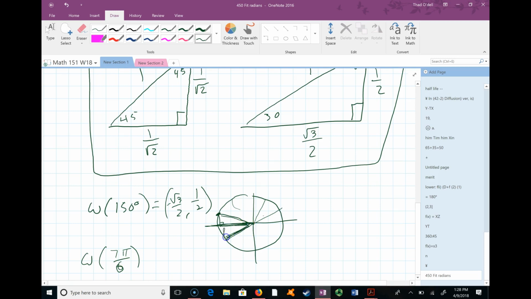And again, that's a 30, 60, 90 triangle with a 30 angle down there. So this is the short side, because that's 30 degrees. This is the short side, so that would be 1/2, which happens to be the y-coordinate. And that's the long side, so that would be rad 3 over 2. And since they're going to the left, that would be negative. And since you're going down, that would be negative.